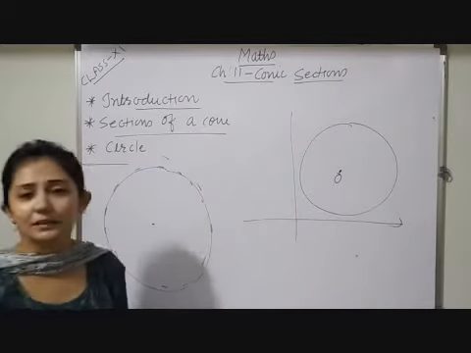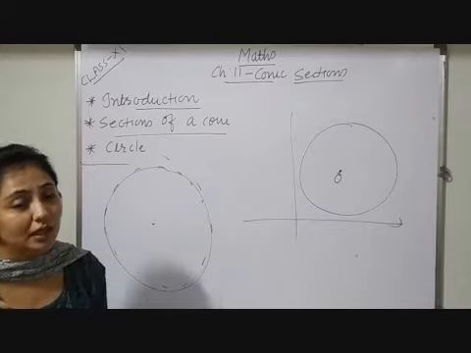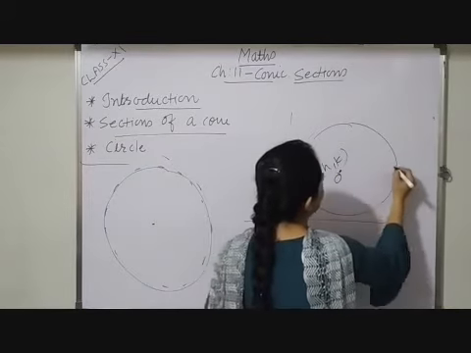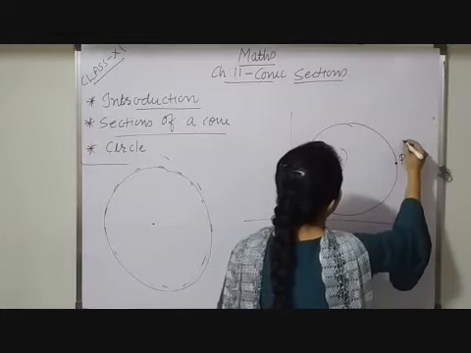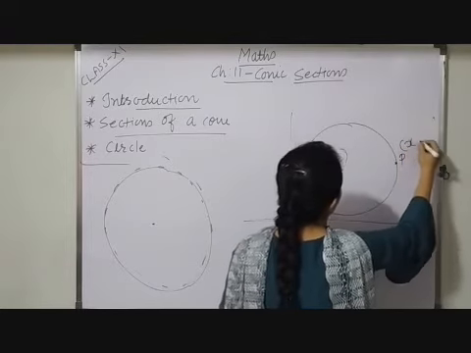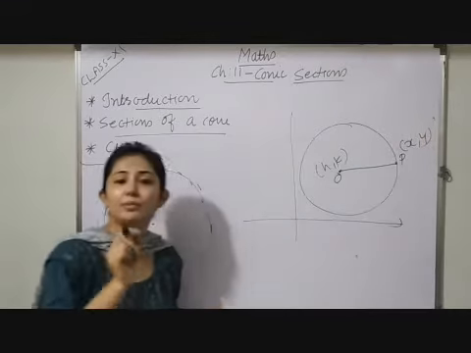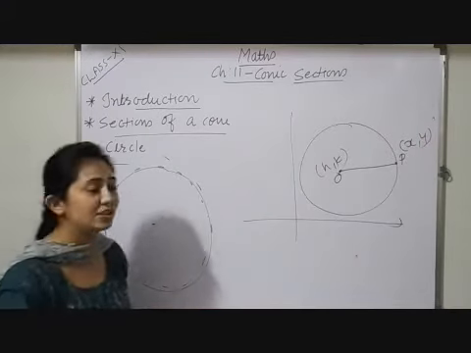Obviously you keep it in a Cartesian plane, so you have x coordinate and y coordinate. Let me take the center h comma k, and somewhere I have a point P on its boundary. Let me name it x comma y. Here you may observe that the distance from the center to the boundary is called its radius.